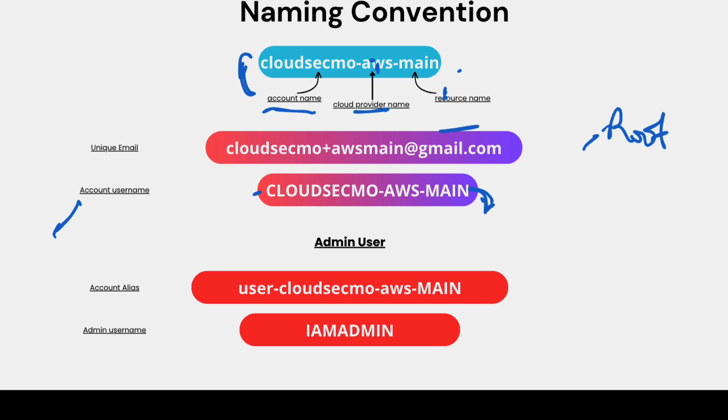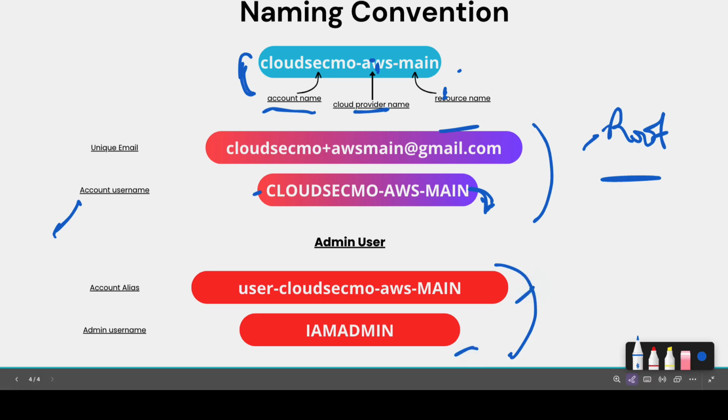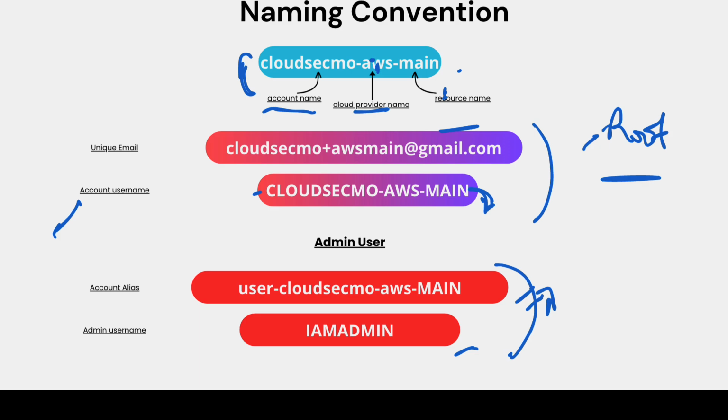Once we create the main account, which is the root user, we're also going to create an admin account, and this is going to be the alias we use for the admin username. We are creating this admin account so that we don't have to use the root account. Best practice in AWS is do not use root account for anything.